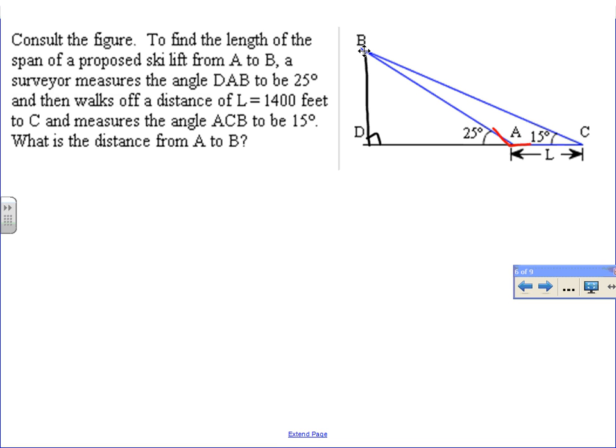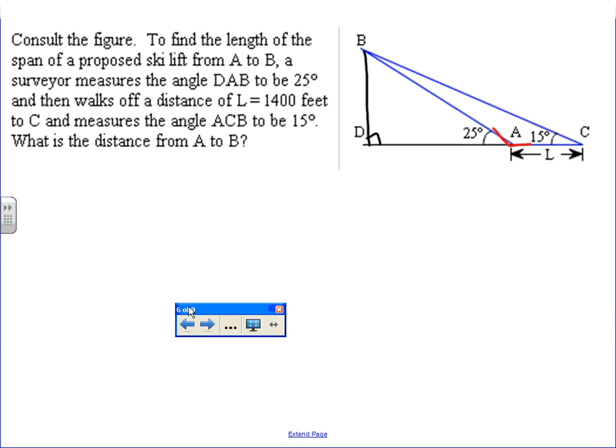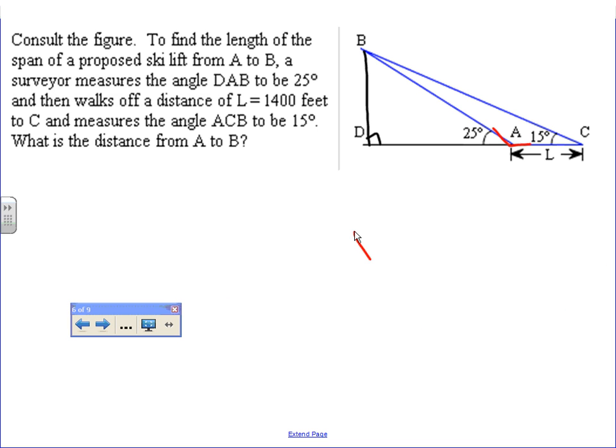Okay, so bring that triangle out and draw it here. This one's 15 degrees, and so this one will be 155? Okay, and then they said this down here, this L, was 1,400 feet. So the top of it would be 10 degrees.